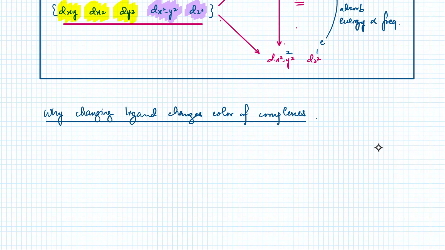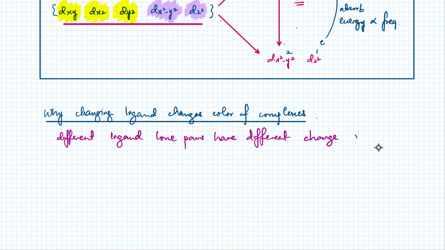And the 3 mark answer to that is that different ligands have different ligand lone pairs, which have different charge density and cause a different amount of repulsion.